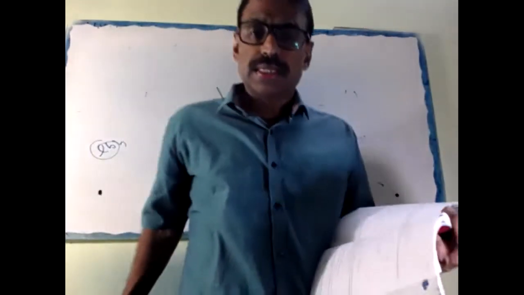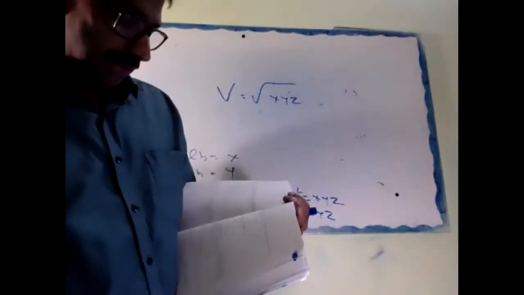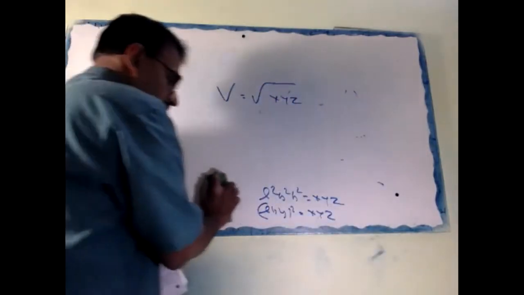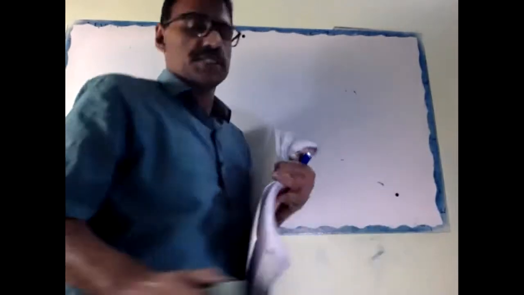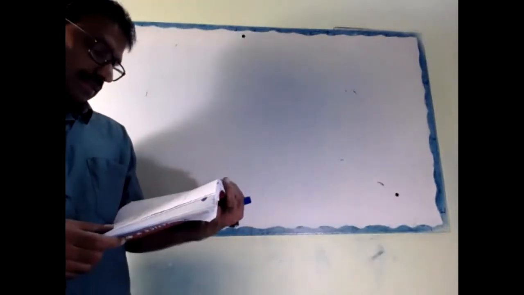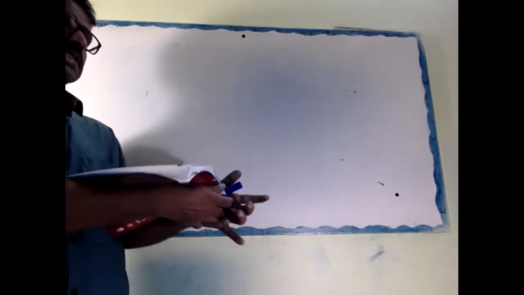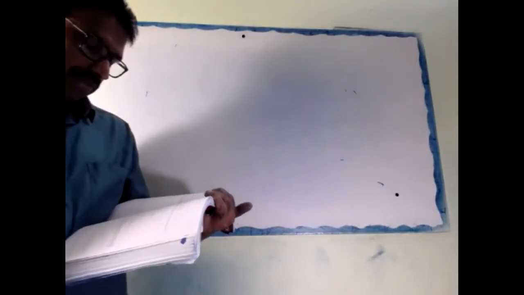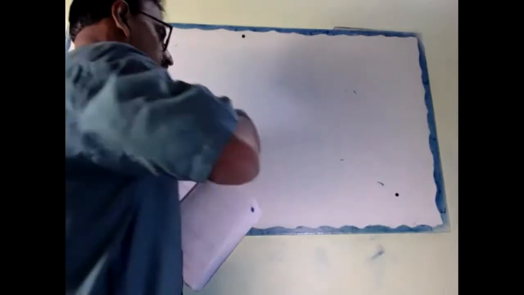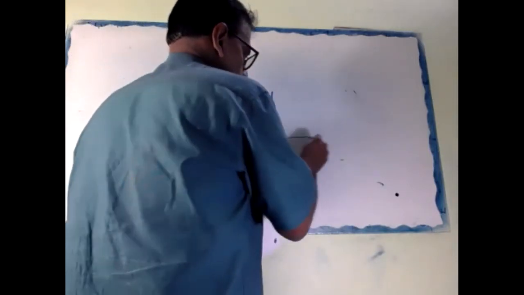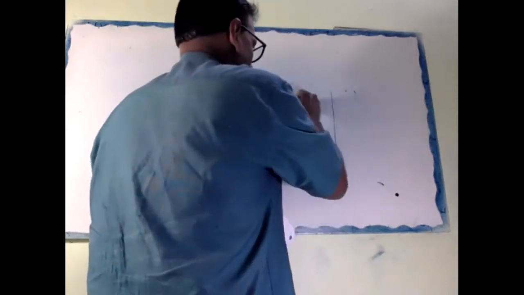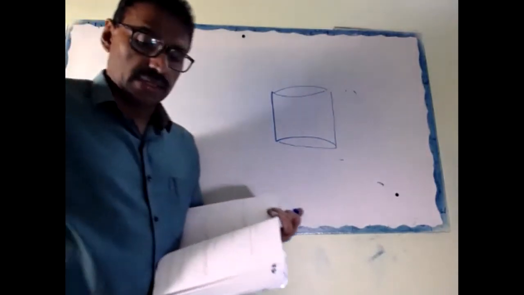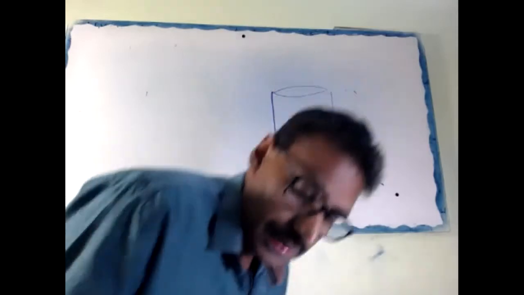If the sphere is completely submerged in water, by how much will the level of water rise in the cylindrical vessel?